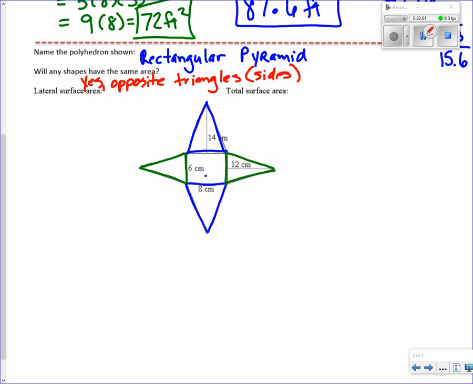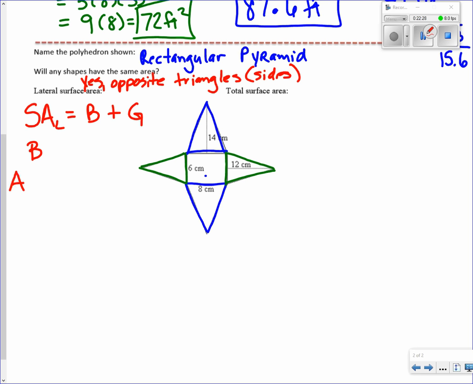Okay, lateral surface area. Remember, lateral is just the sides minus the base, and so we're going to add, so I have surface area. Lateral is going to be the blue triangle plus the green triangle, the areas of the blue and the green triangle. So let's come down here and we're going to do blue.